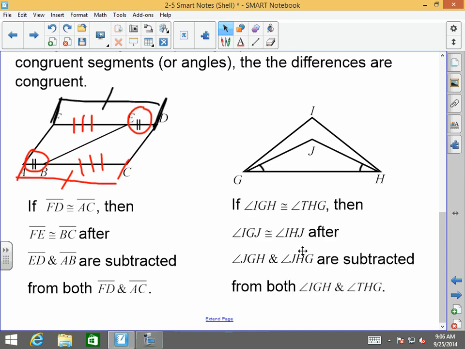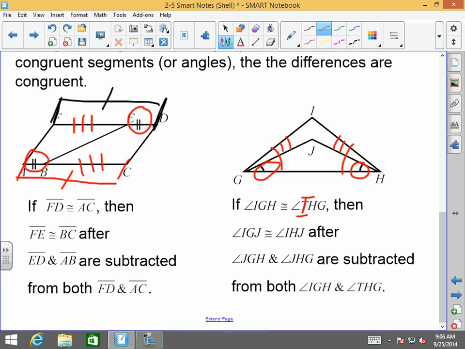Well, if I tell you that IGH is congruent to IHG, then IGJ, which is this guy, will be congruent to IHJ, which is this guy, after I took away JGH and JHG. Does that make sense, guys? Yes, sir.